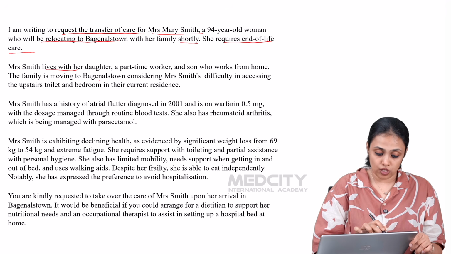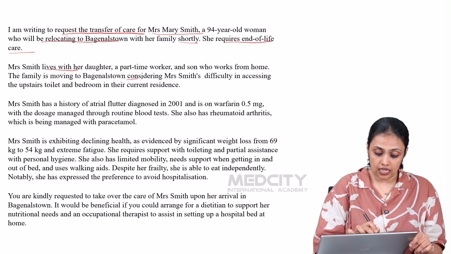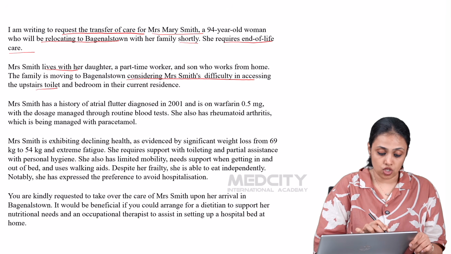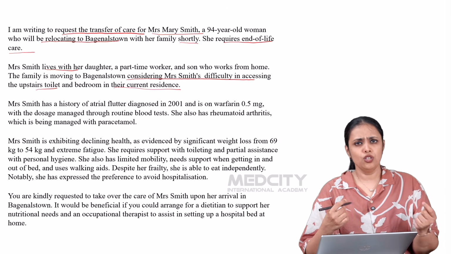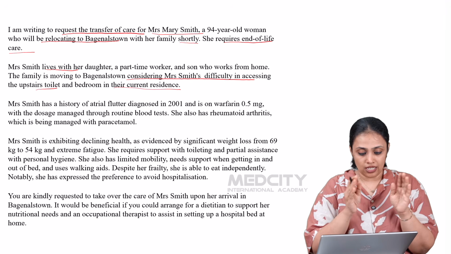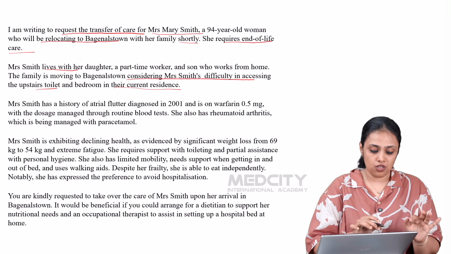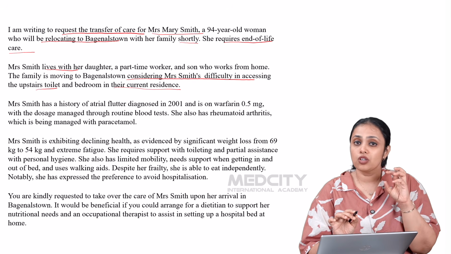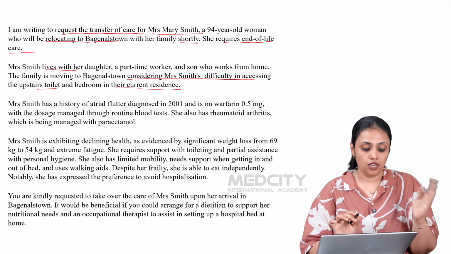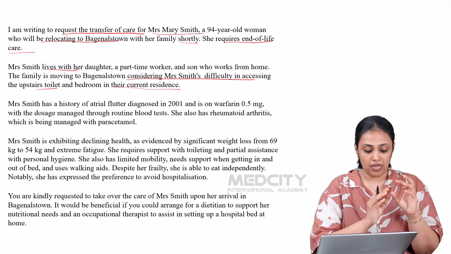The family is moving to Bagnallstown, considering Mrs. Smith's difficulty in accessing the upstairs toilet and bedroom in their current residence. So you're making it clear, clearing that ambiguity as to why they are relocating. It is because of the infrastructural limitations in their current residence that they are now shifting to Bagnallstown. That much detail you give in the social background paragraph.